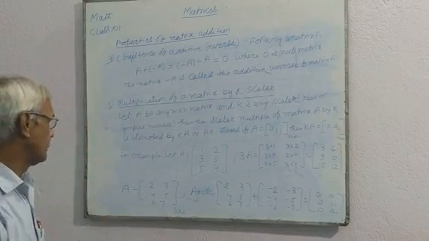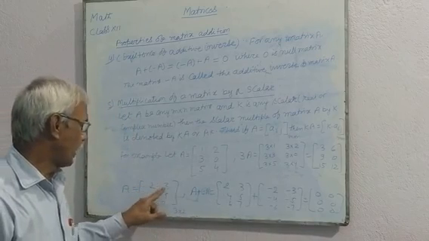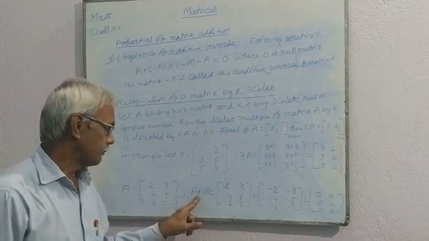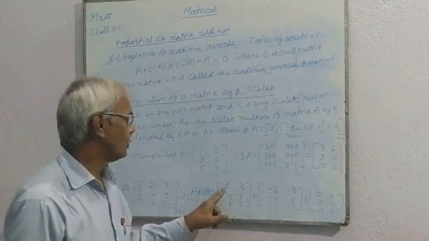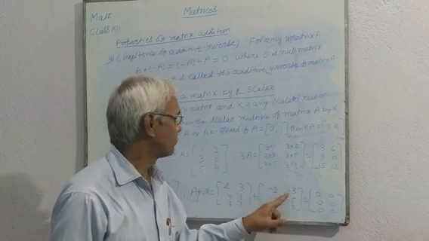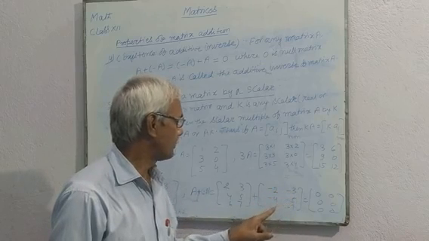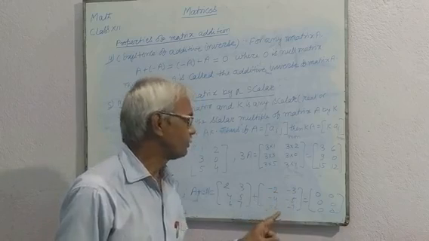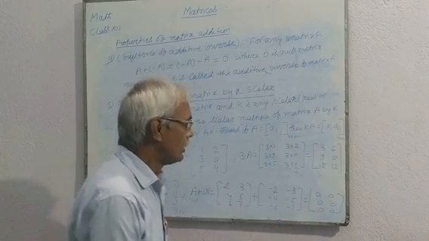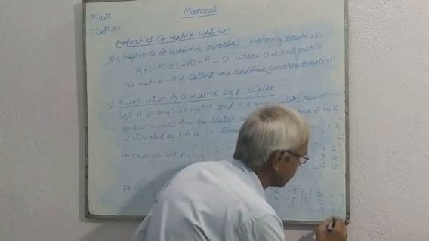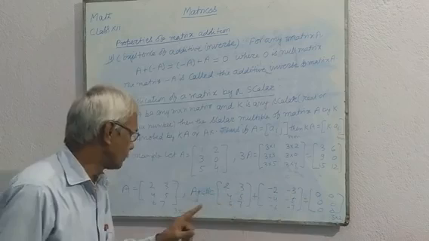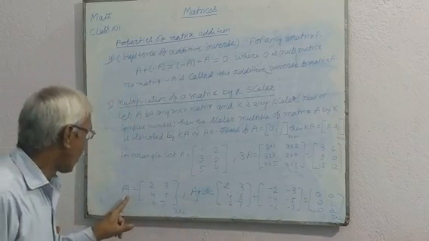Then minus A is equal to -2, -3, -4, -5, -6, -7. A plus minus A equals 2, 3, 4, 5, 6, 7 plus -2, -3, -4, -5, -6, -7. Adding, we get 0, 0, 0, 0, 0, 0, the null matrix of order 3 rows and 2 columns. Then minus A is called the additive inverse of matrix A.